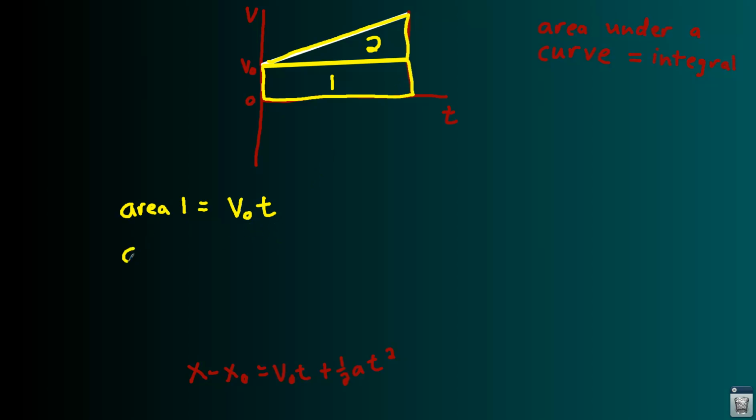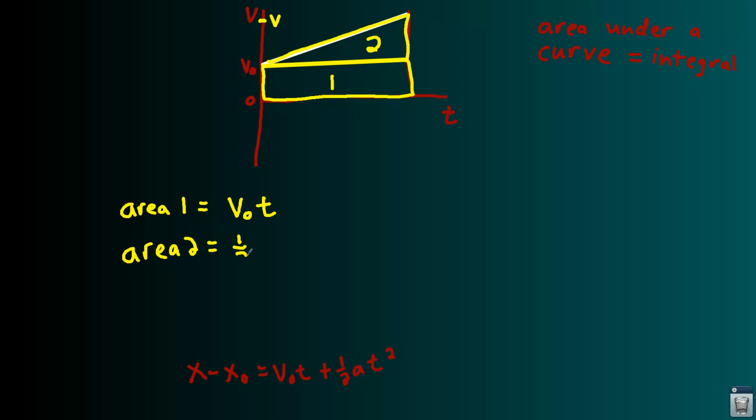All right. What about area 2? This triangle. We end up here, and we can label this velocity v, or v final. In our book, it just says v, right? And the area of a triangle is 1/2 base times height.